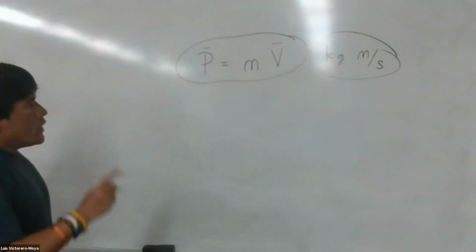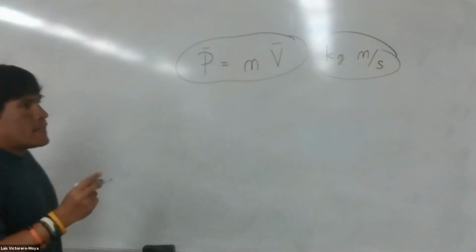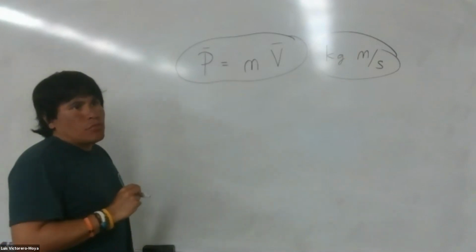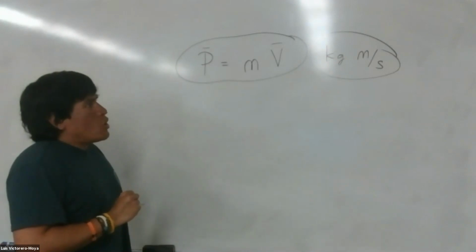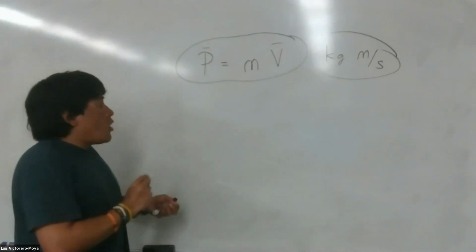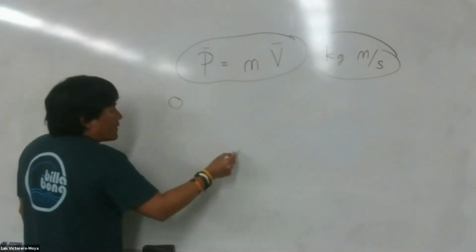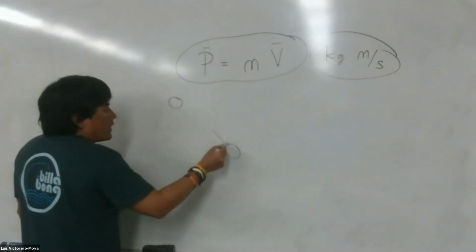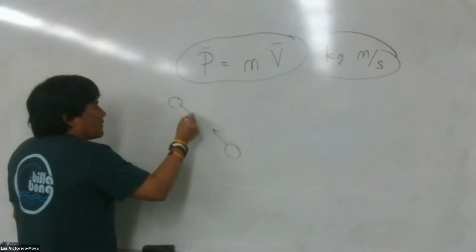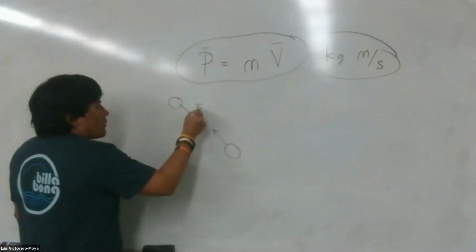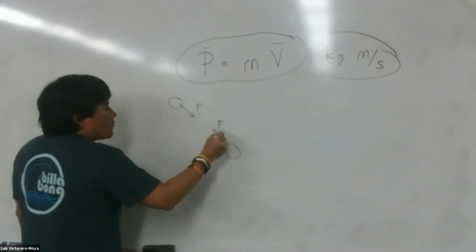And we are going to be looking at certain conservation laws. We have done conservation of energy. There is also this idea of conservation of momentum based on an isolated system of particles where only the internal forces are acting, like I'm drawing here, F1, F2.